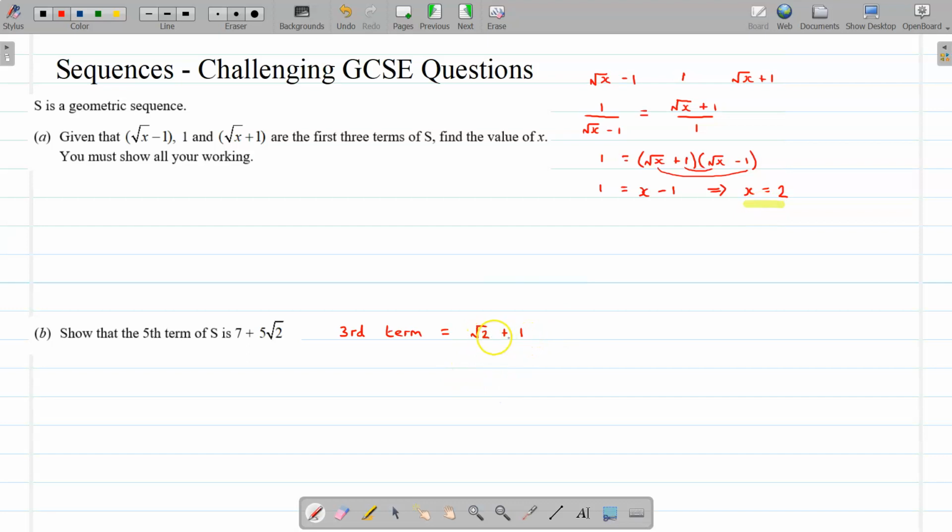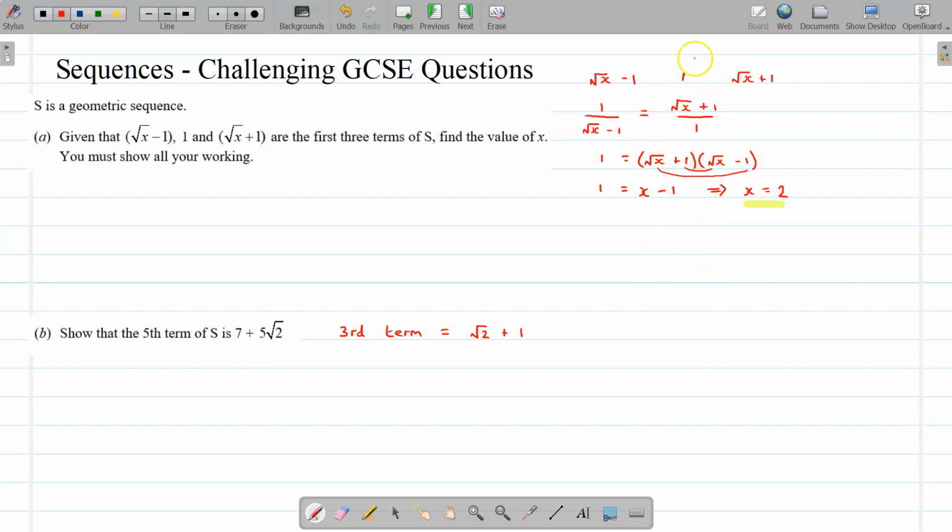And the reason we know that is because to get from the second term to the third term, if the second term was 1, in order to get this term, I had to multiply 1 by something. Well, obviously, to get from 1 to that, I had to multiply by root 2 plus 1. So the fact that one of the terms is 1 has made this really easy for us.